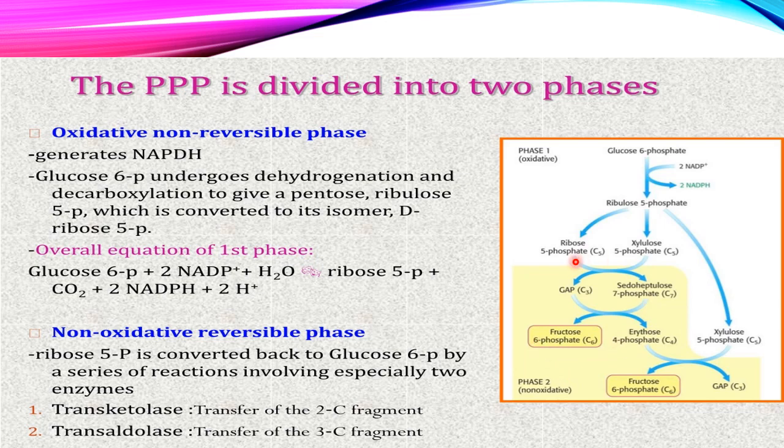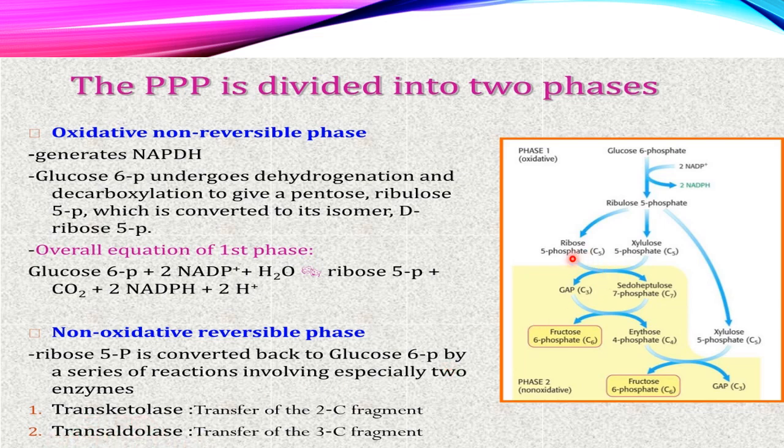Okay. This is our second phase, and this is our first phase. And in between, you have a series of steps, which I told you earlier. These series of steps are because of the catalyzation reaction of the enzymes transketolase and transaldolase.